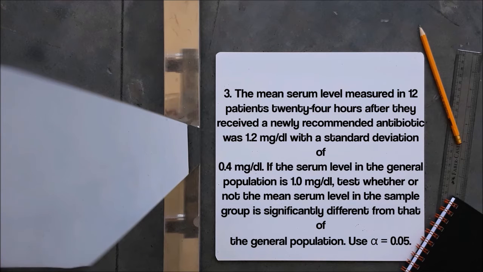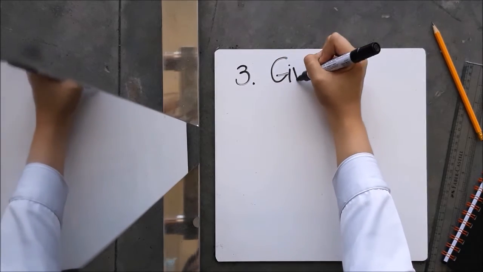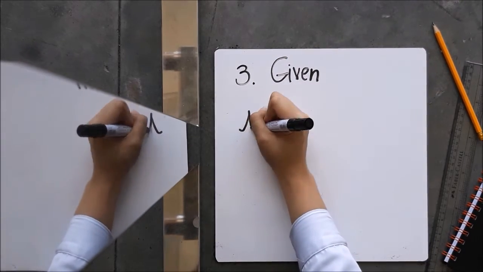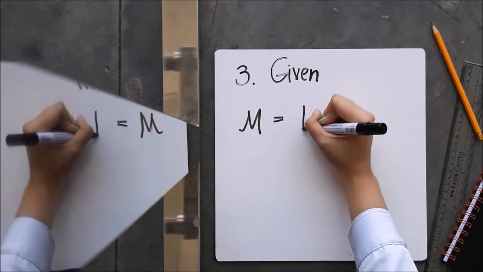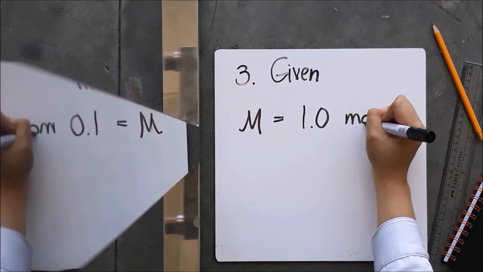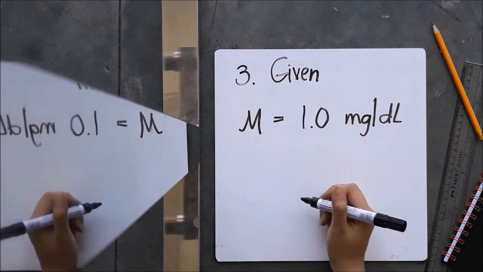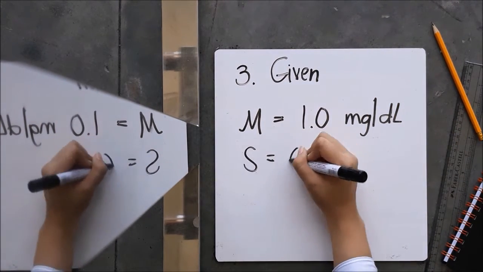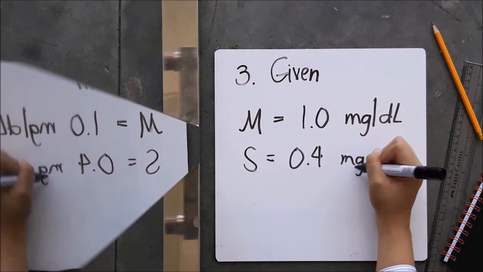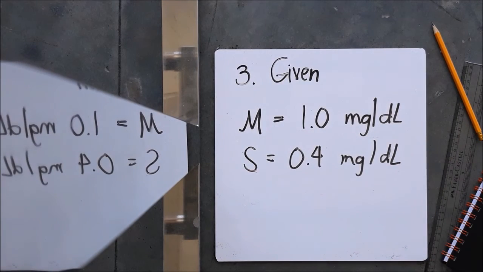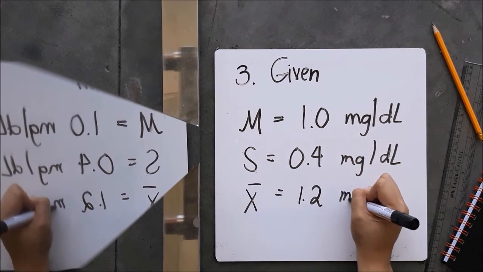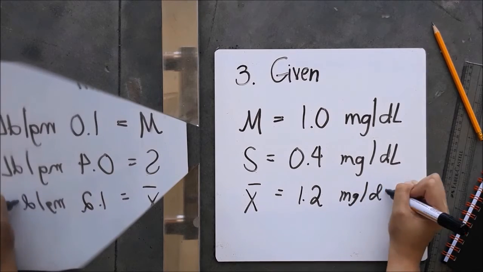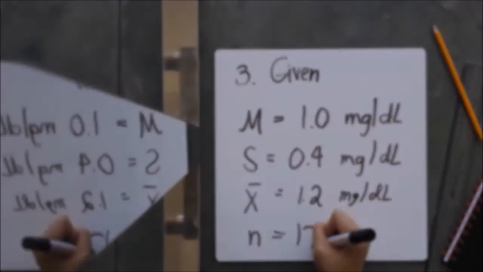Use alpha 0.05. Number 3, given. Mean is equal to 1.0 milligrams per deciliter. S is equal to 0.4 milligrams per deciliter. X bar is equal to 1.2 milligrams per deciliter. And N is equal to 12.